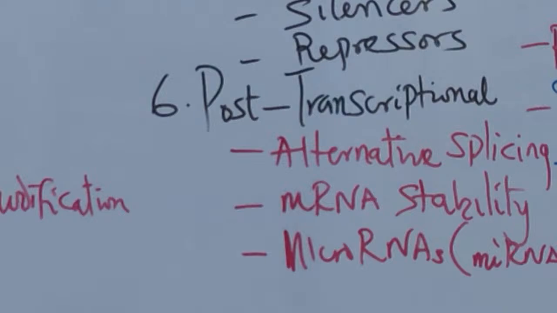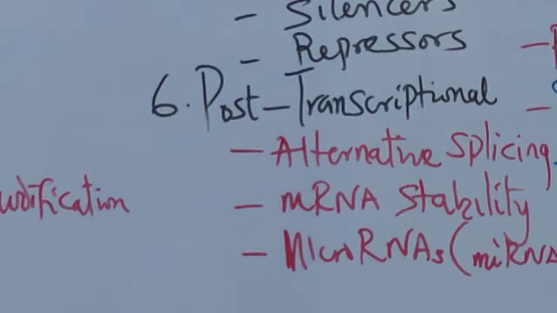Number one is alternative splicing, that is alteration in the cutting and removing of non-coding regions from a coding region. This is a pre-messenger RNA effect, where the pre-mRNA is spliced to produce mature messenger RNA, which leads to the production of different proteins from a single gene.